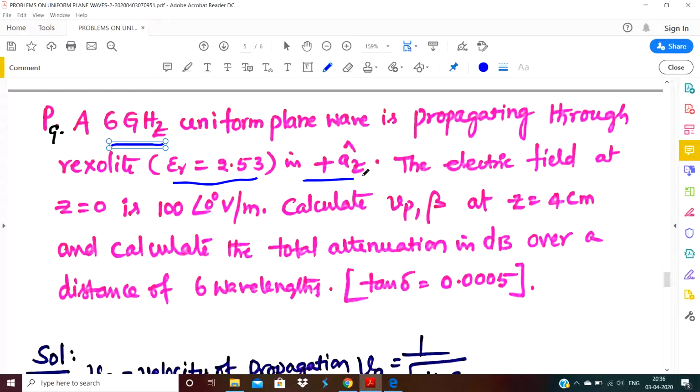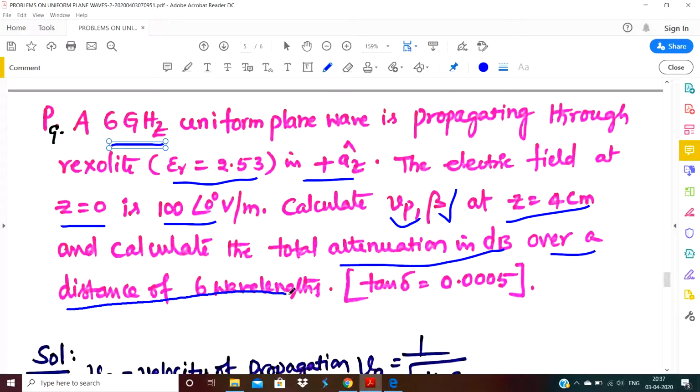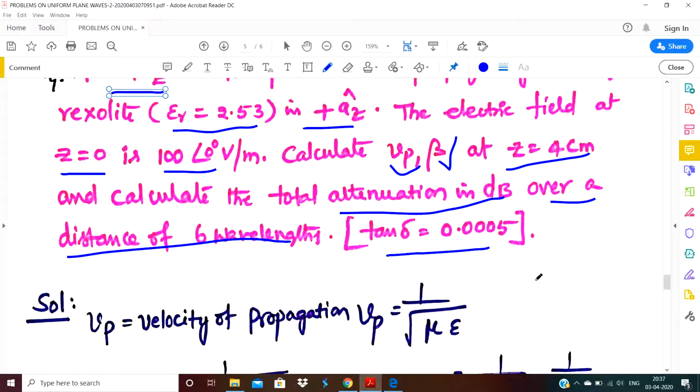Plus az cap means it is the positive z direction. The electric field at z equals 0, the boundary surface, is 100 at an angle 0 degrees volts per meter. Then calculate the phase velocity, the phase constant at z equals 4 centimeters, and the total attenuation in decibels over a distance of 6 wavelengths with loss tangent tan delta equals 0.0005. So this is the given problem.